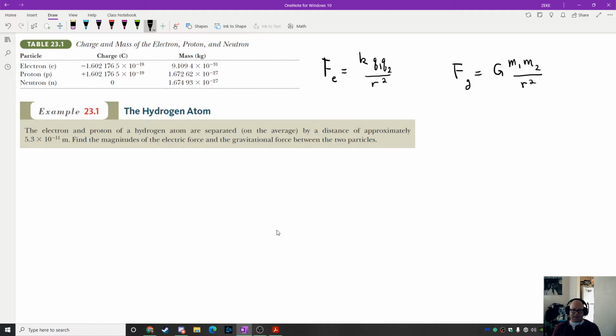Okay. And just to remind you what the values of the constants are, the constant k is equal to about 9 times 10 to the 9. And the constant g, big G, is about 6.67 times 10 to the negative 11.